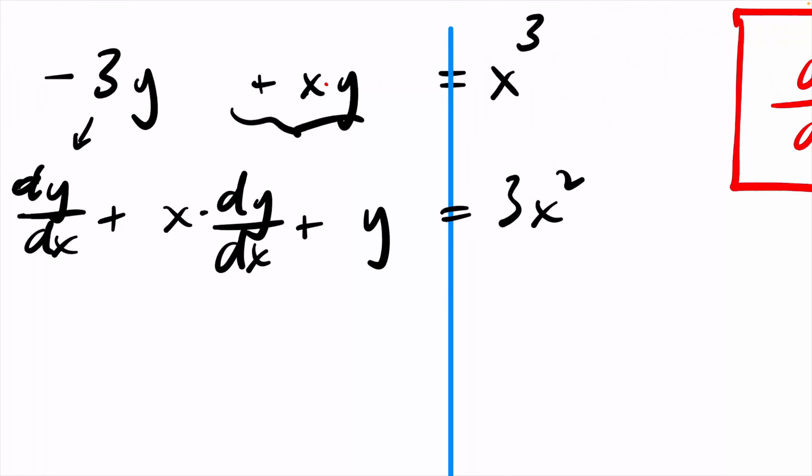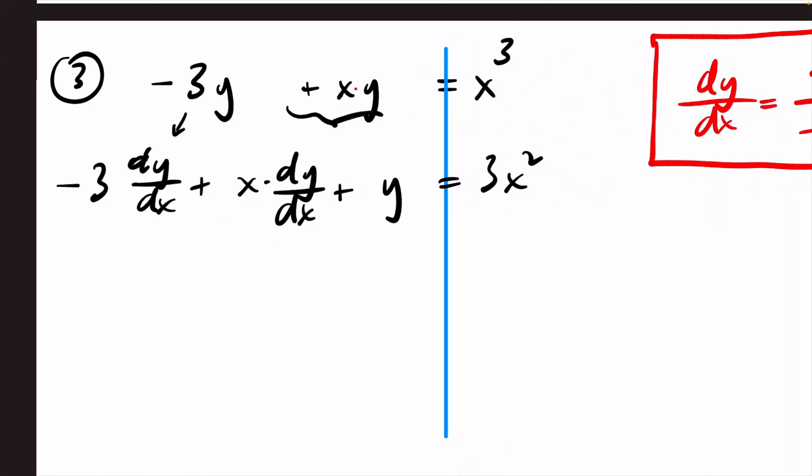So I needed a tag. Then it says plus the derivative of the first, and the derivative of x is just 1, times y. I didn't find the derivative of y that time, so I didn't need a dy dx for that one. Good question.